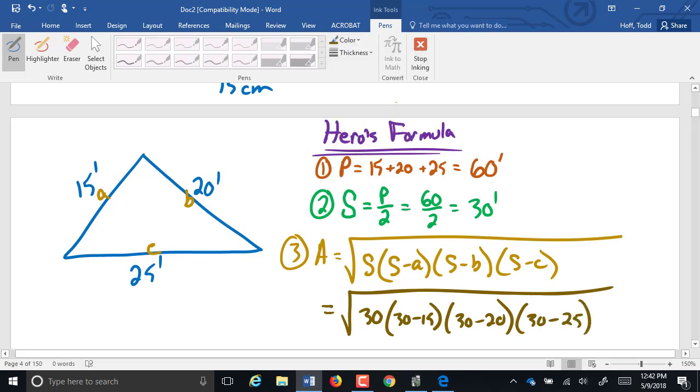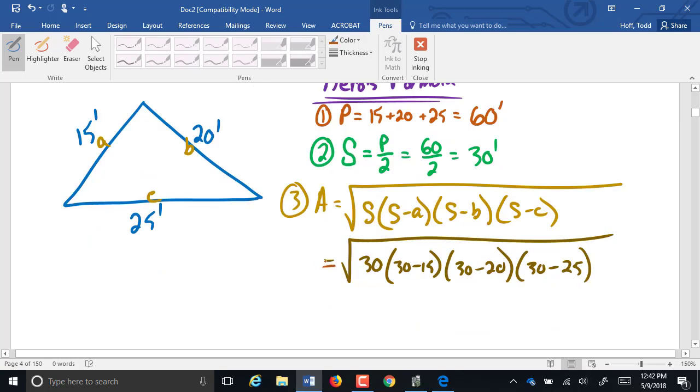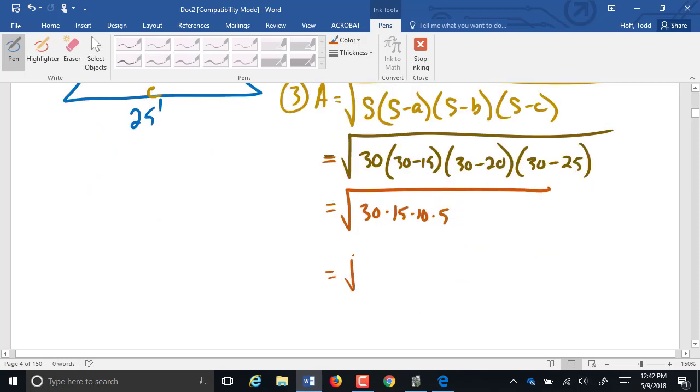In other words, the square root of 30 times 15 times 10 times 5. Otherwise known as the square root of 22,500.